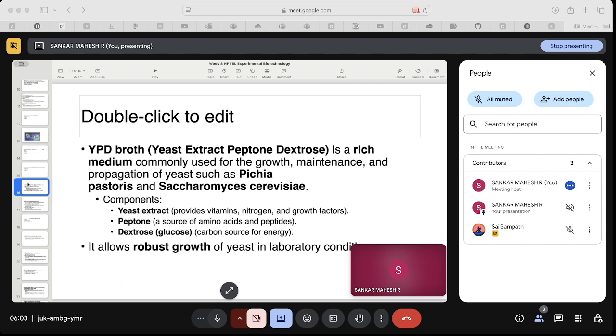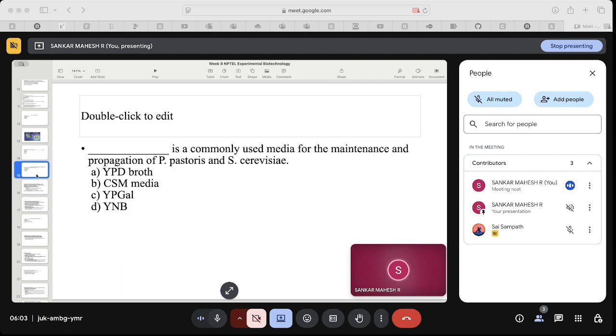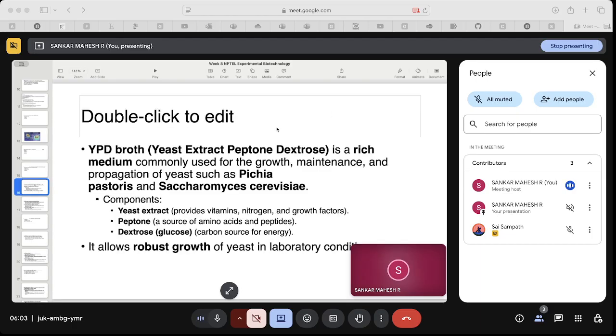Now coming to the right answer, which is YPD broth. This is commonly used for maintenance and propagation of Pichia pastoris and Saccharomyces cerevisiae. It is yeast extract, peptone and dextrose. Here dextrose is the source of carbon, whereas peptone is your source of nitrogen.